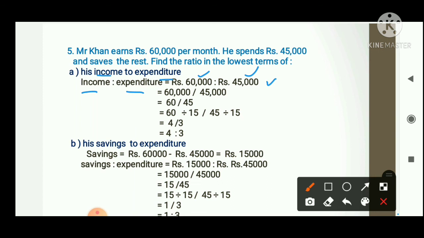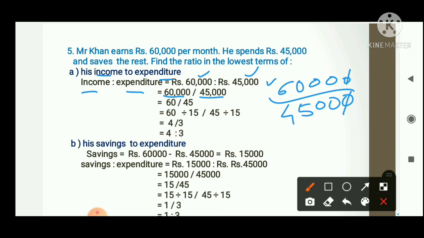Now its fraction form is 60,000 upon 45,000. Here the zeros cancel. Remains 60 upon 45. Now first we have to find its HCF. So HCF of 60 and 45 is 15.